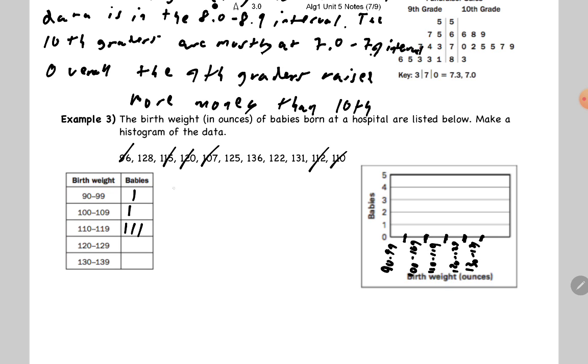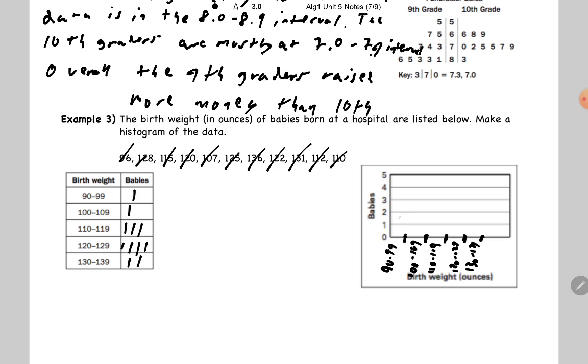So we have one here, 125 right there, 128, 122, and that's it for that. So we have 4 there, and then 2 for the 130s. Okay, and that's what we're going to do.